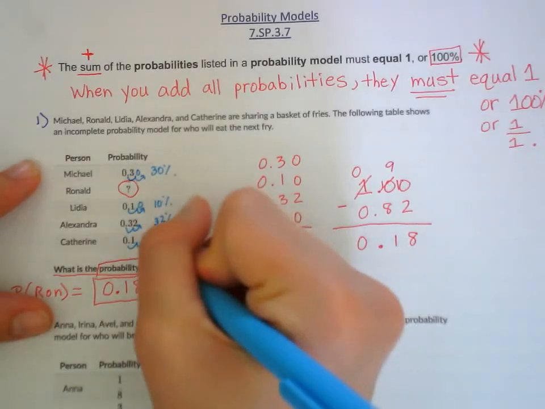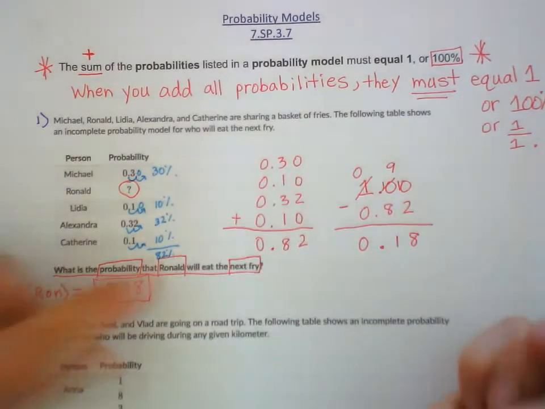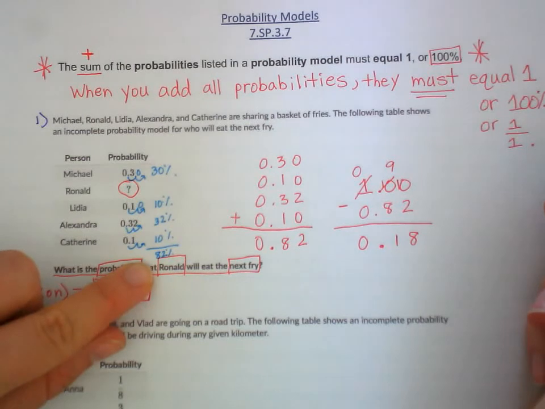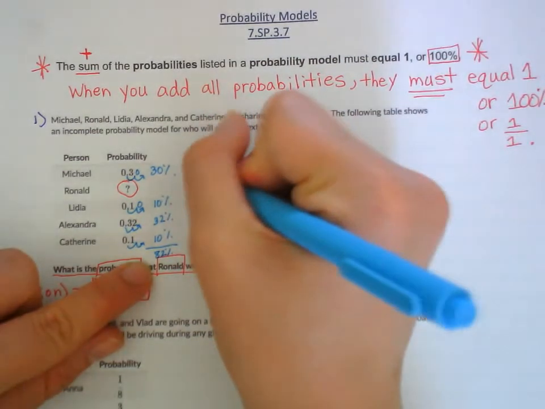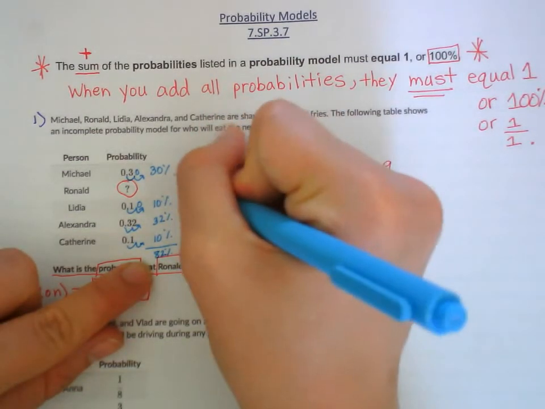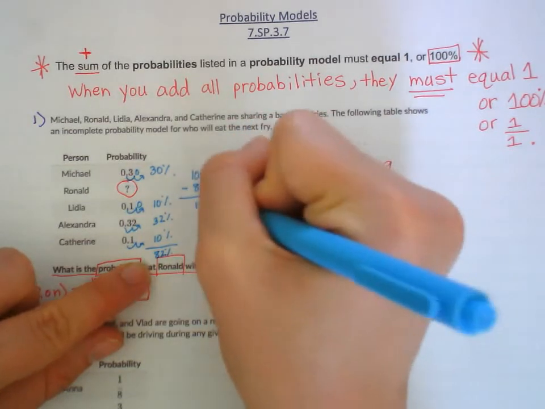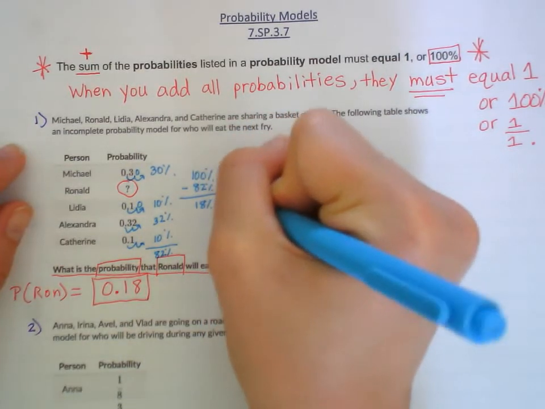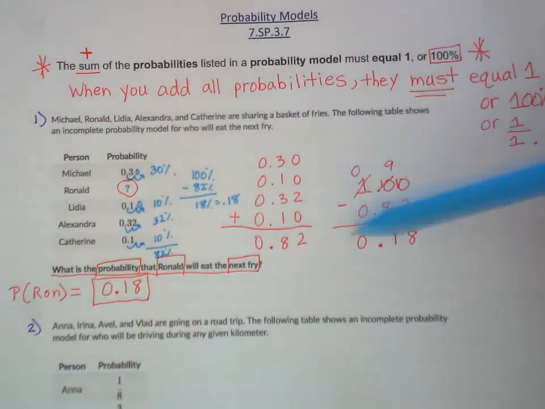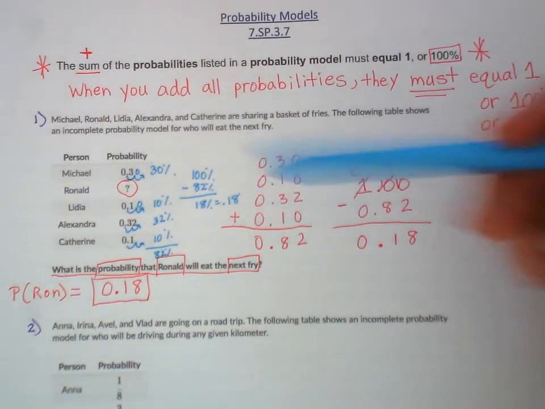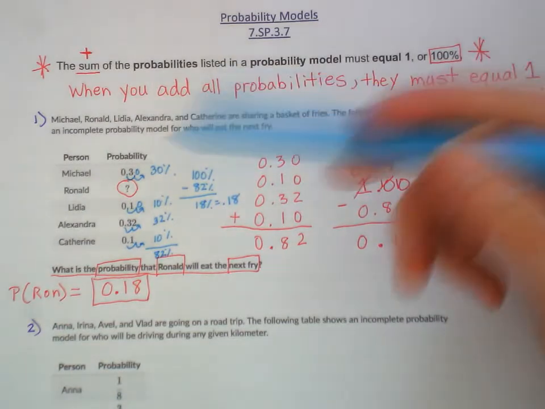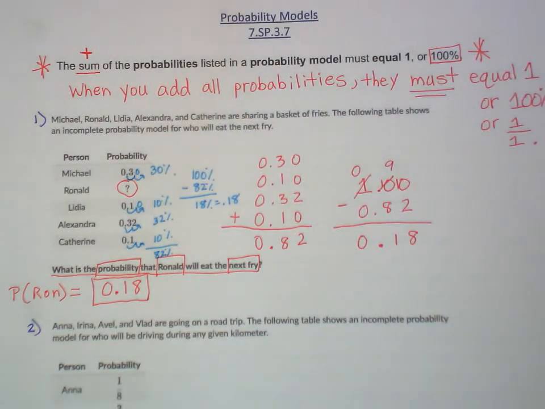We have 82%, and we have to get to 100%. So 100% minus 82% still leaves us 18%, which is 0.18. So if you're not comfortable with decimals, make it into percents. But honestly, if they give it to you in decimals, it's just easiest to leave it in decimals.